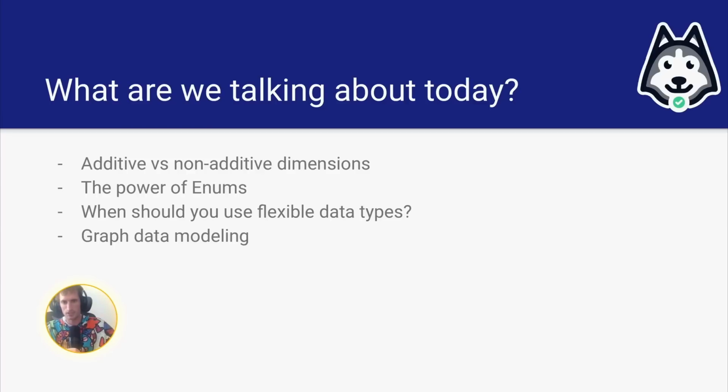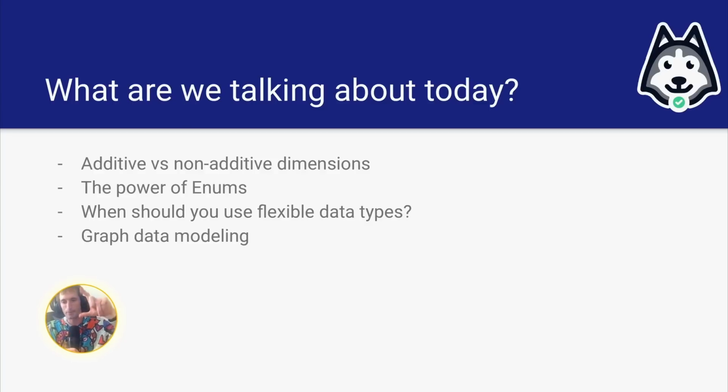And then we're also going to be talking about when you should use flexible data types. Like in this case, flexible data type only counts for map. Map is the only one that's flexible. Struct is not flexible because you have to define all of the keys and all of the data types of everything in the struct. And array is kind of flexible because you can add more things to it. But usually array has to be an array of string or an array of a specific type.